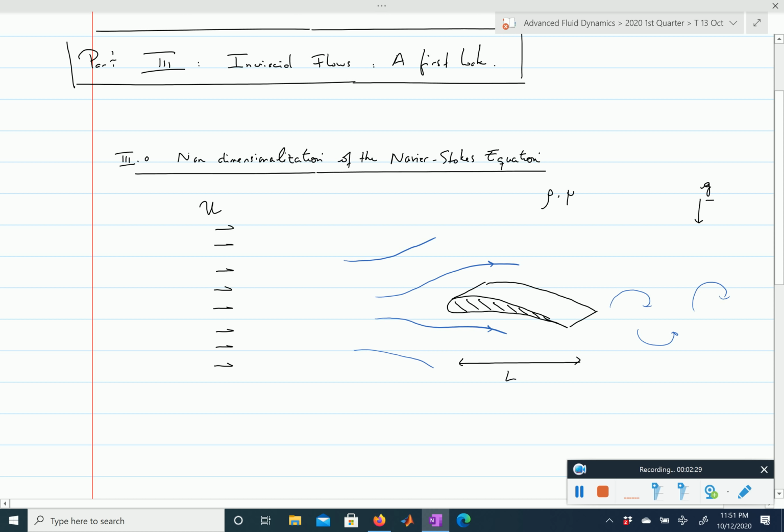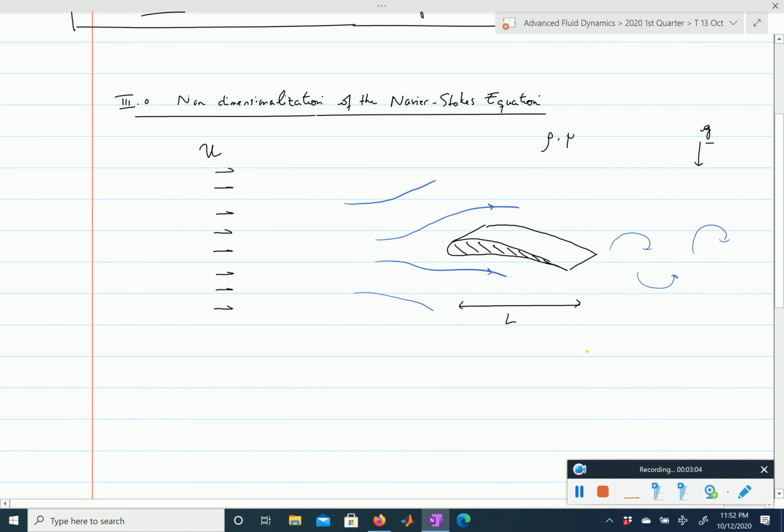In some problems, you could have, for instance, the problem of fluttering, when this airfoil oscillates up and down, and the period of that oscillation, tau, would give you another time scale. Alternatively, the flow could be unsteady. Let's say this airfoil is in the wake of another airfoil, and then you would have an incoming flow with vortices, periodic shedding, and that would give you another time scale. I'm going to call it tau.